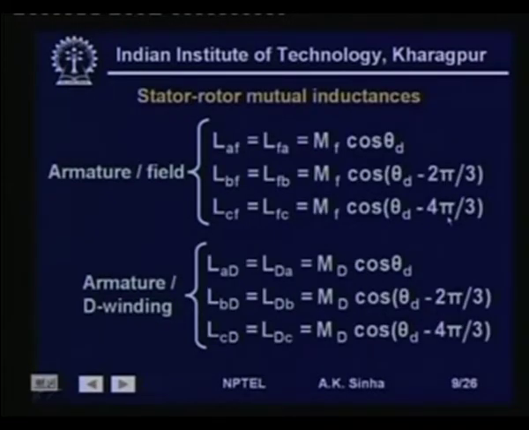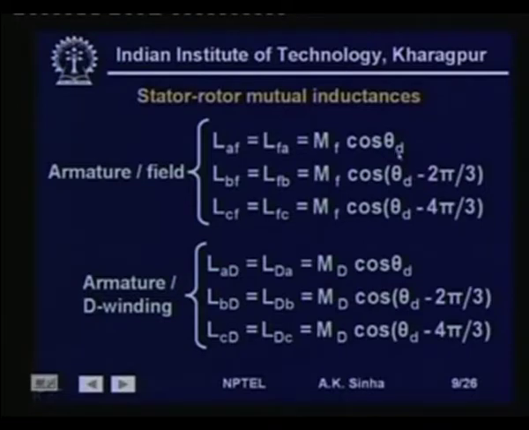Now, we will talk about the stator and rotor mutual inductances. As we said, since the rotor is rotating, the position of the rotor changes with respect to the axis of the coil. So, the mutual inductance between them is also going to change. So, LAF and LFA are equal, and that is equal to MF into cos theta d.